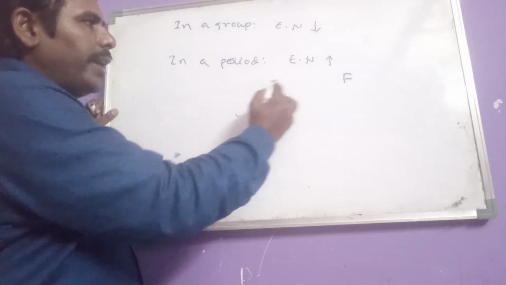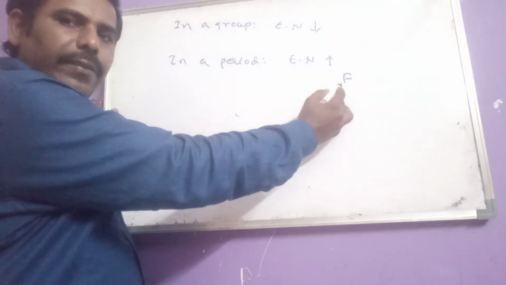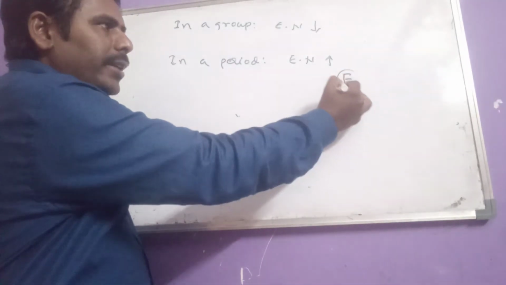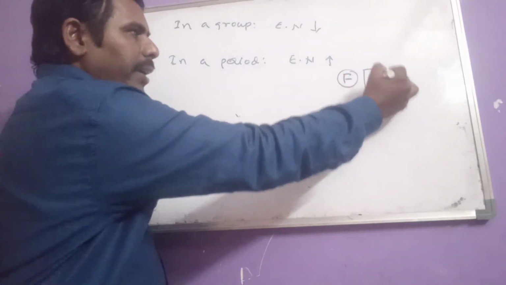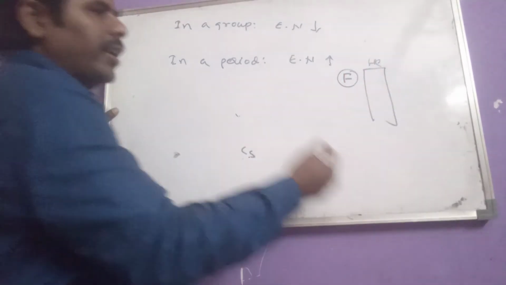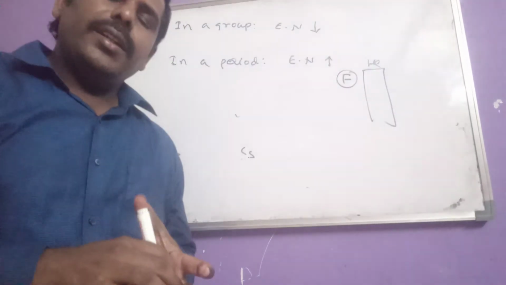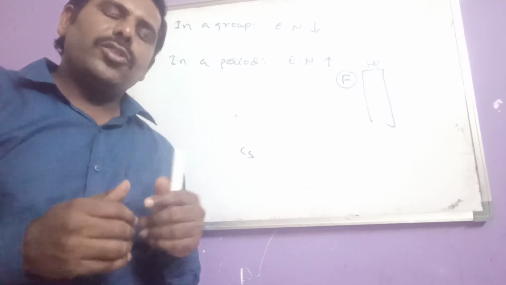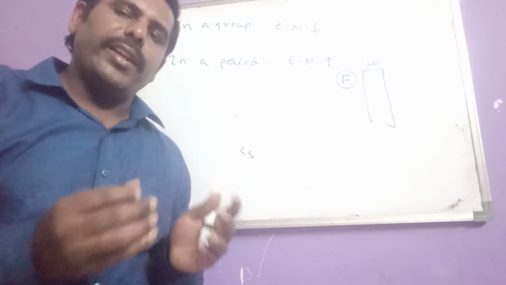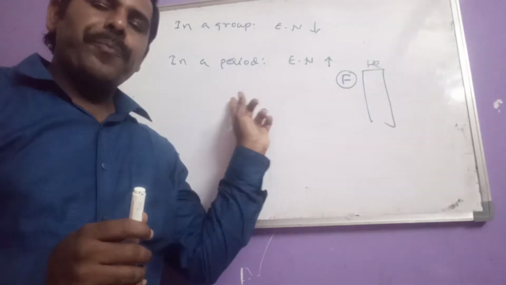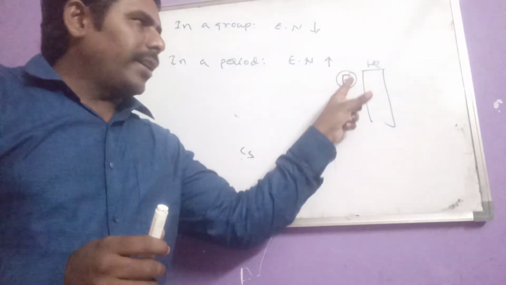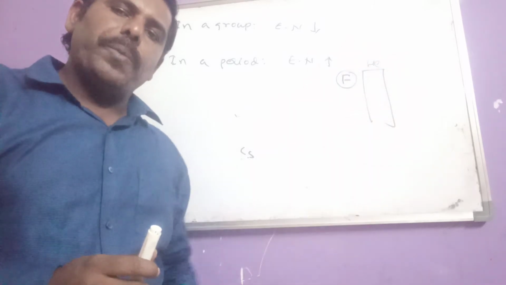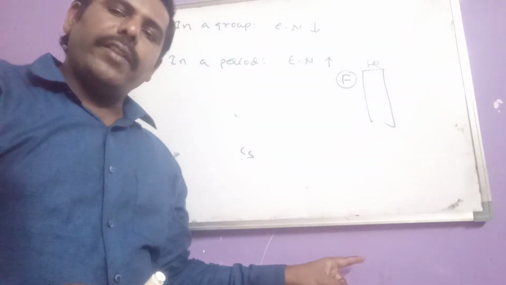So from left to right, what happens? Electronegativity increases, and from top to bottom it decreases. In the periodic table, of course, zero group elements we need not include, because they need no electrons, so they can't accept any electron, so their electronegativity is very low. Except for the zero group, the element at the top right is fluorine, and top to bottom electronegativity decreases.